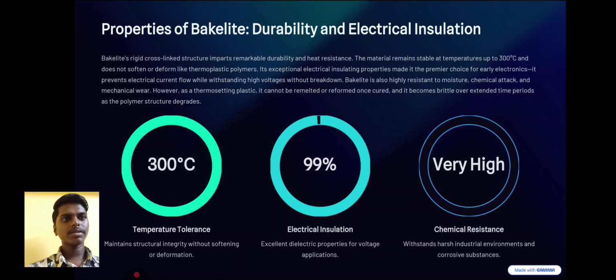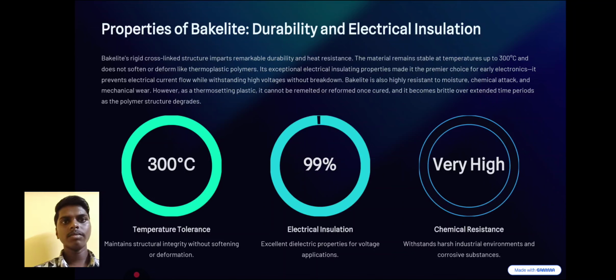Its exceptional electrical insulating properties made it the premier choice for early electronics. It prevents electrical current flow, withstanding high voltages without breakdown.